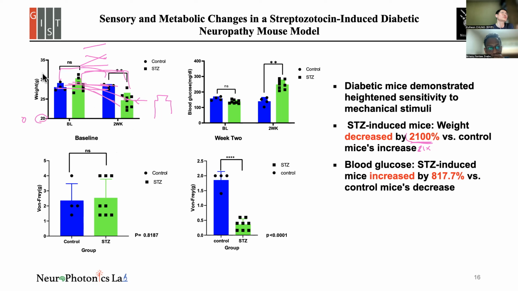You have to start from 0 to, let's say, 30 or 35. We scale it. Let me tell you what you are supposed to do. So you have the control mouse and streptozotocin, okay, streptozotocin is fine. So you have the dots. You have each animal.